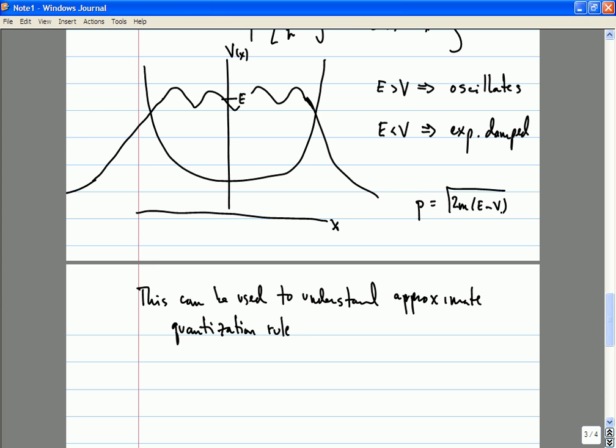If I have a potential of the sort I have drawn, then in the interior, p is going to be big if E minus V is large, and so the WKB approximation is good. But near a turning point, by definition, E minus V is equal to 0, so p is equal to 0, and the WKB approximation is bad.